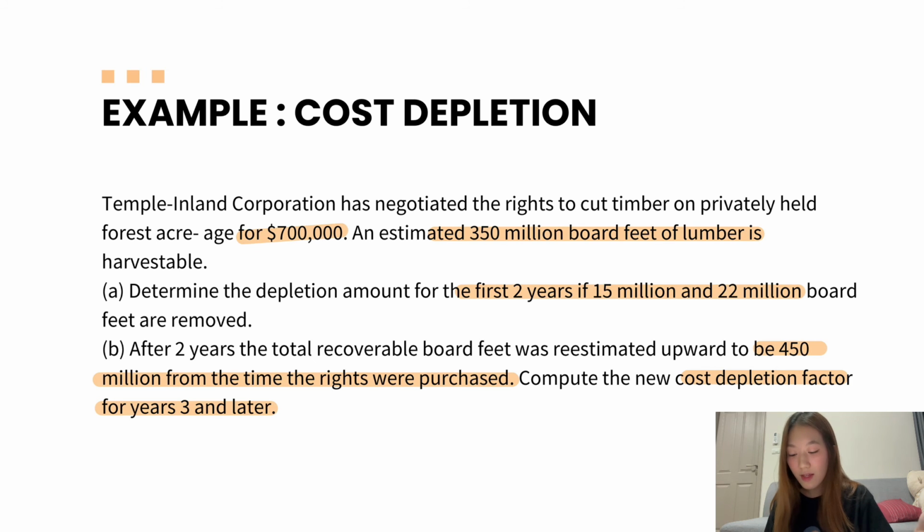For A, determine the depreciation amount for the first 2 years if 15 million and 22 million board feet are removed. B. After 2 years, the total recoverable board feet was re-estimated upward to be 450 million from the time the rights were purchased. Compute the new cost depreciation factor. Okay.